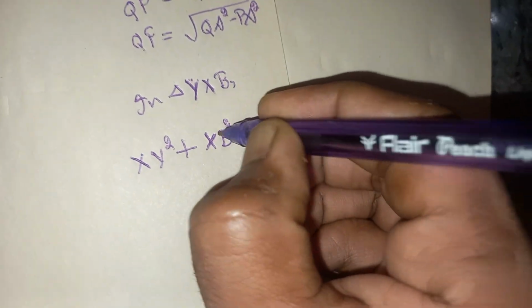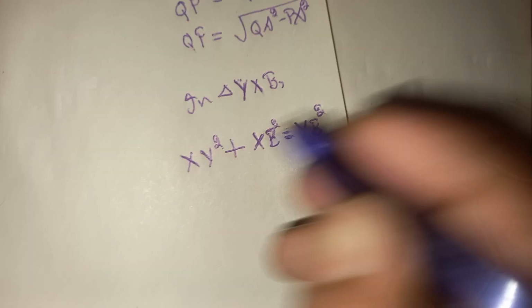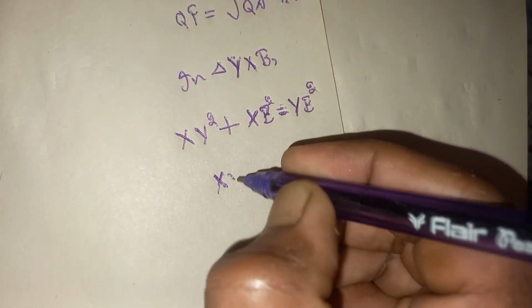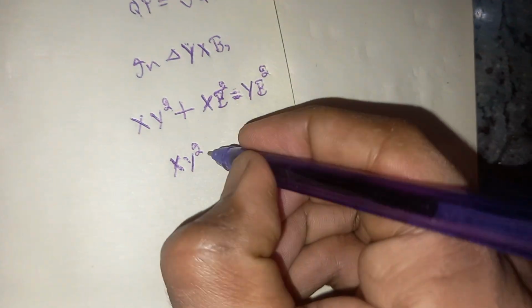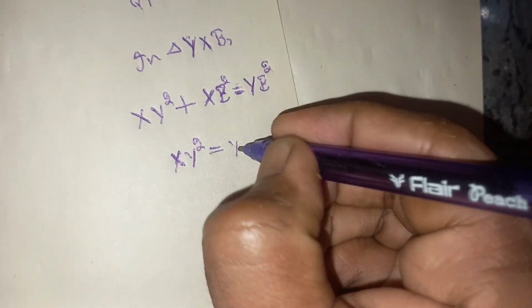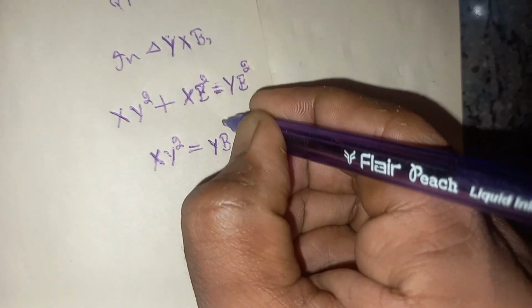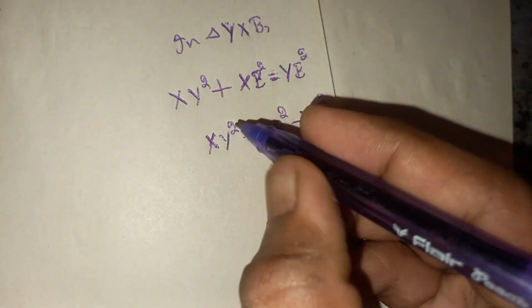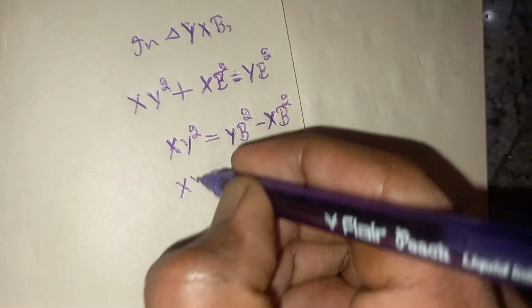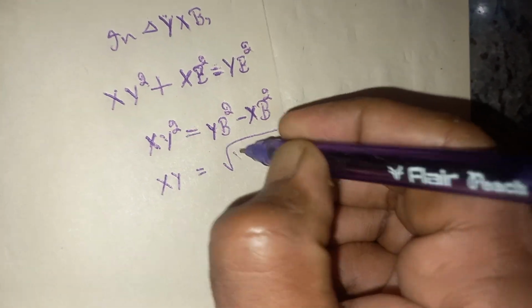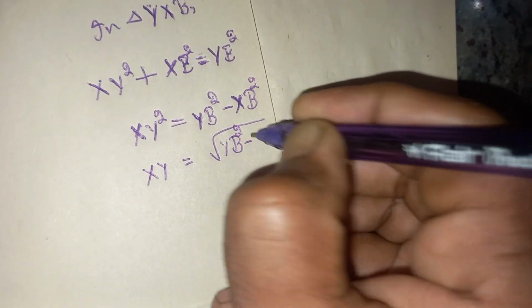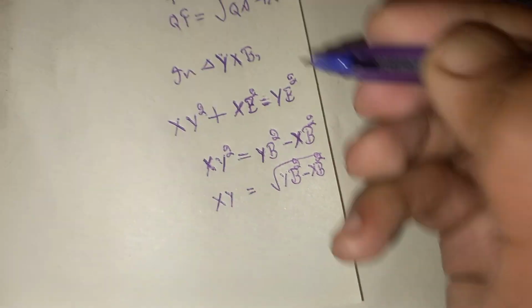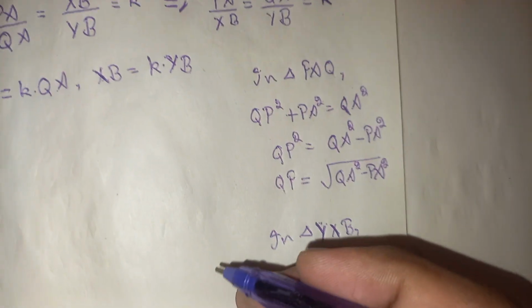Now if you send XB to that side, we need side XY, so XY square equals YB square minus XB square. So XY equals root of YB square minus XB square. You have XY and QP.